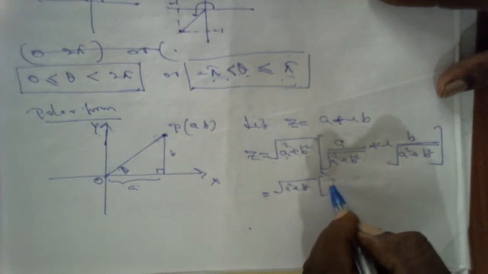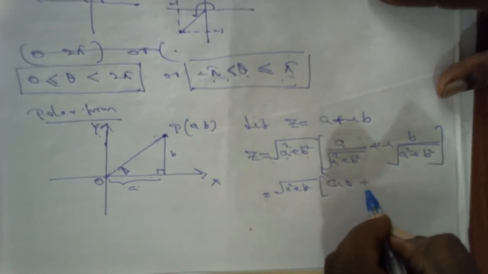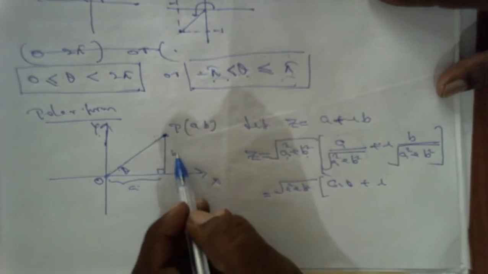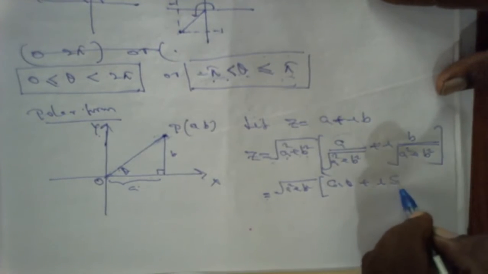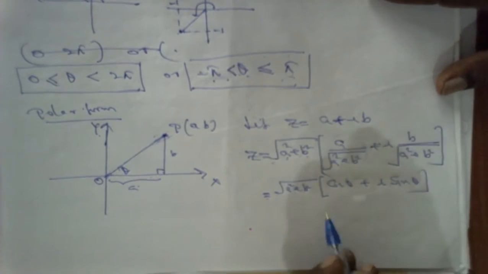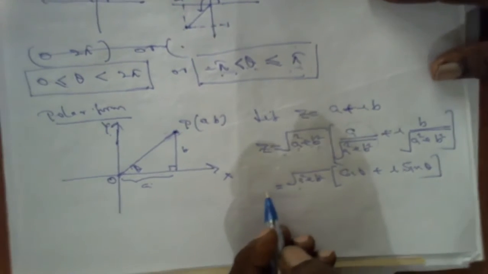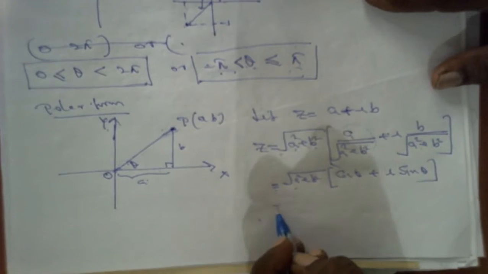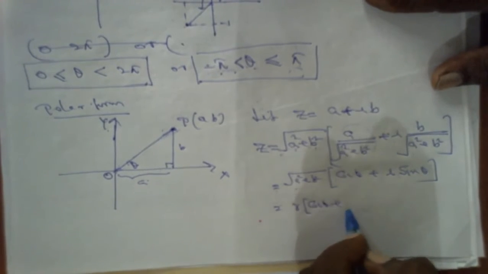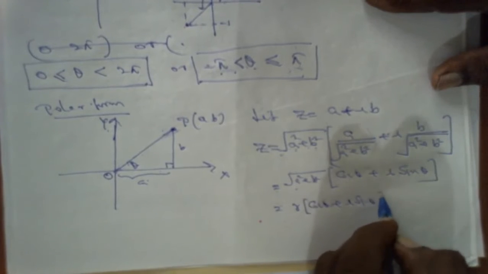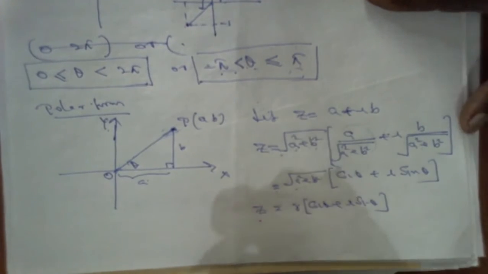Plus b over this length, sin theta. So you can take this as r(cos theta plus i sin theta), right?